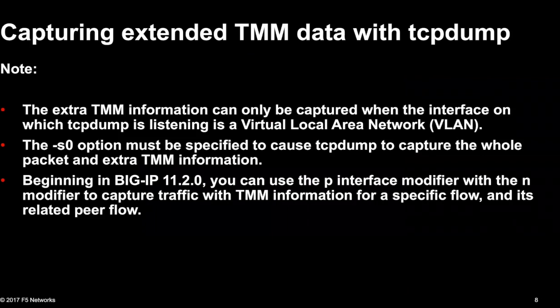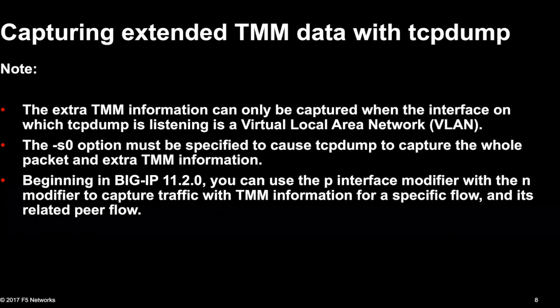So the extra TMM information can only be captured when the interface on which Tcpdump is listening is a virtual local area network. So bear in mind that it cannot capture if you're listening on a physical interface. The extra TMM information can only be captured if it is on a VLAN.